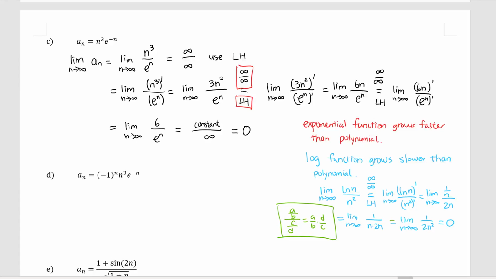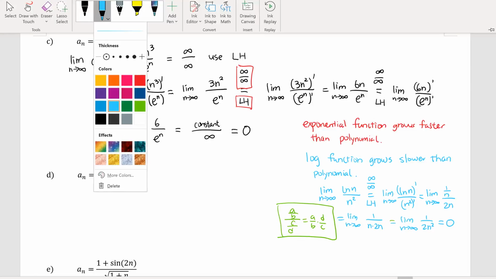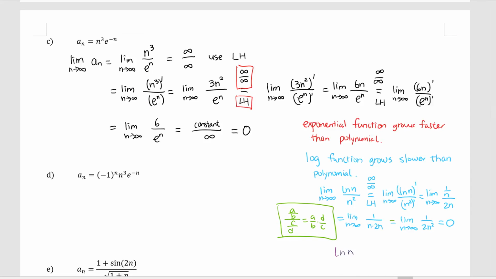In the previous example, the limit was also 0, so the denominator, the exponential function, grows faster. If we want to use a notation, we can say the logarithmic function grows slower than the polynomials, and grows slower than the exponential function.